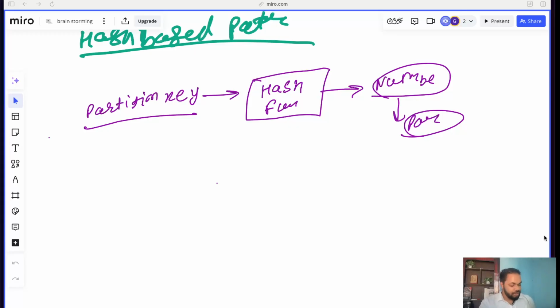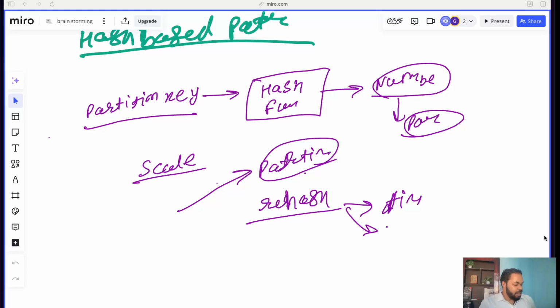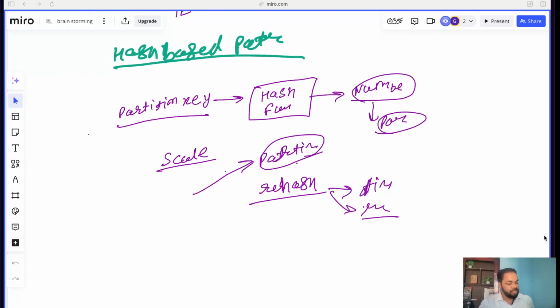In that case, you will be providing more partitions to the system, and these more partitions will cause an issue because you have to rehash the whole system, and this rehashing is very time consuming and labor consuming, and it is not performant at all. So here is the problem in hash-based partitioning.